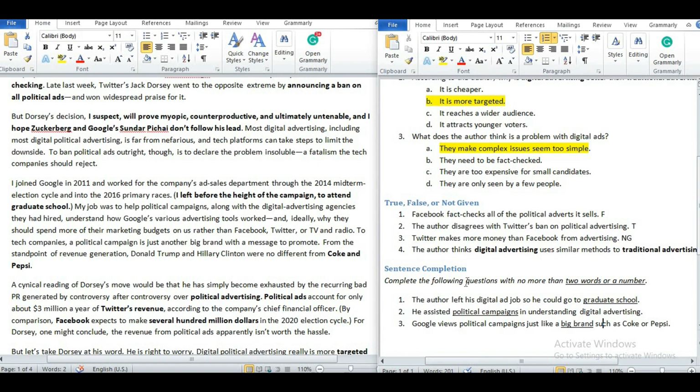This is something that takes practice, but from what I've just shown you, you can see that you don't need to understand all the words. You just need those skills to find the right part of the text and to narrow down the answers. You're not always going to know it's 100% A, B, or C, but maybe you know it's definitely not D, for example, and you can give yourself a better chance of finding the right one.